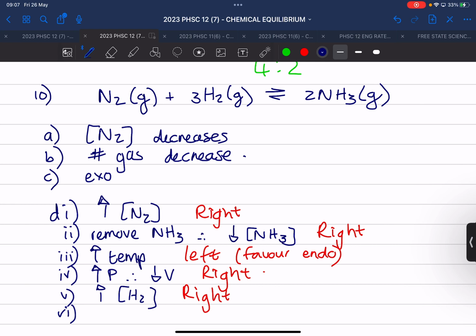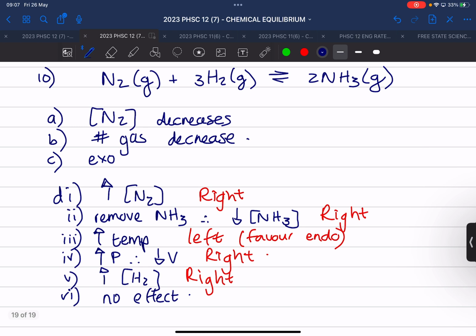Nothing. No effect on the equilibrium. And then lastly, they ask if we decrease the concentration of hydrogen gas. So there's a hydrogen. If we decrease it, it's going to go to the left.